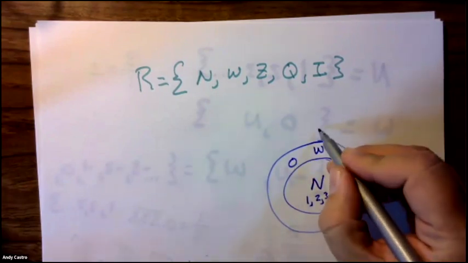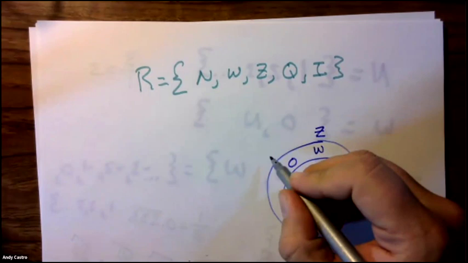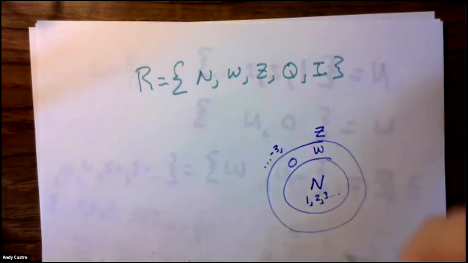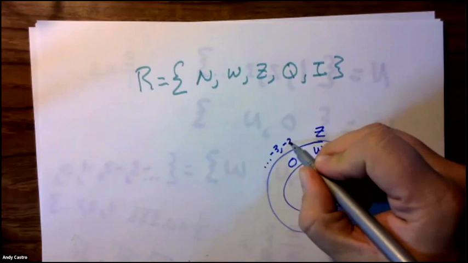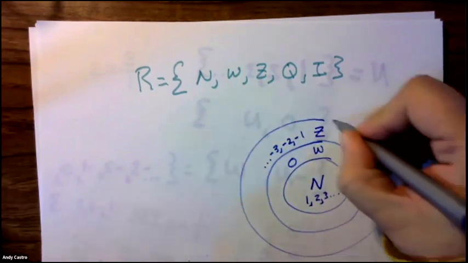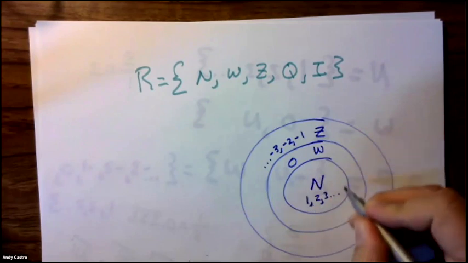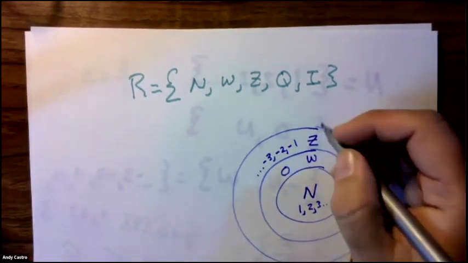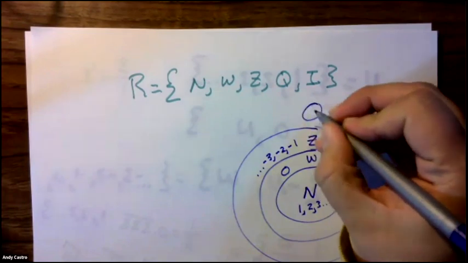Then you have the integers. And the integers would include numbers like -12, negative whatever, all the way to 0. And then they would include the whole numbers, which includes the natural numbers. And then you would have the rational numbers.